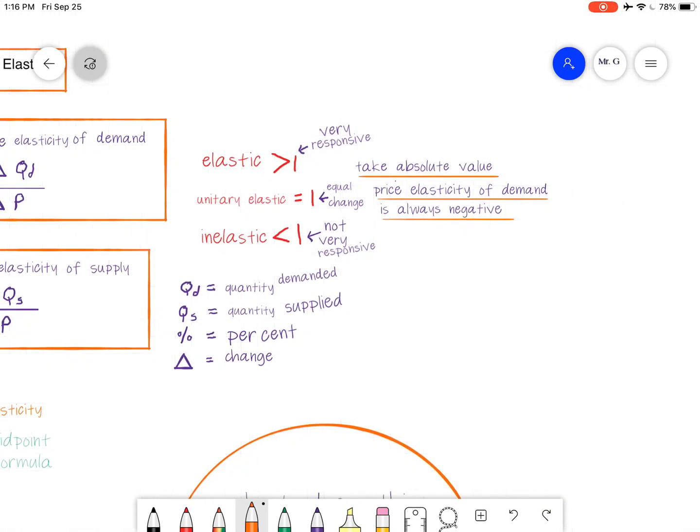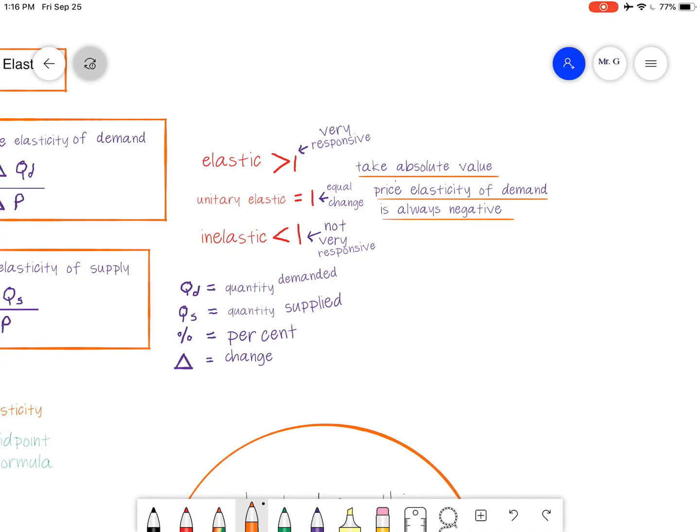So we calculate it out, we'll get a number, and we'll go through an example with it. If that number is greater than 1, we say that it's very elastic. For every 1% change in price, you'll have over a 1% change in quantity demanded or quantity supplied, depending which one you're calculating.